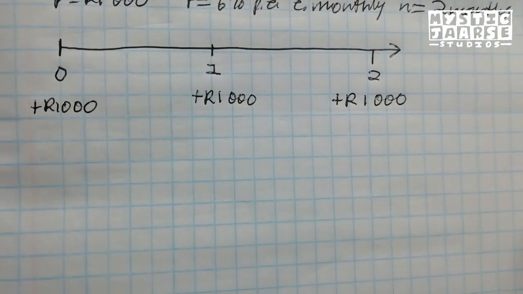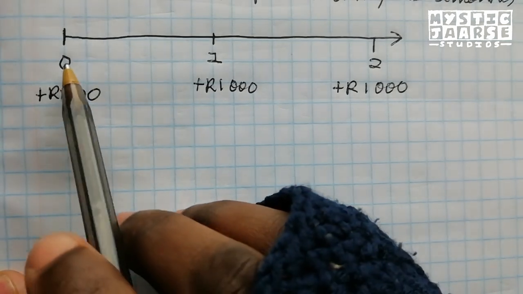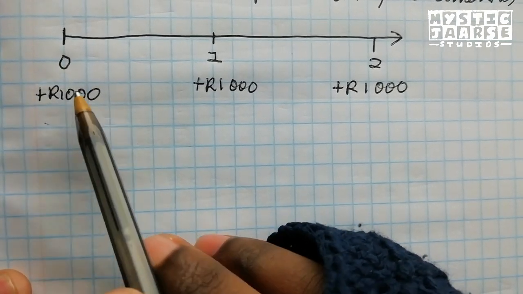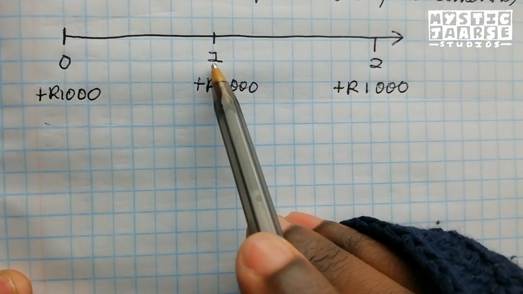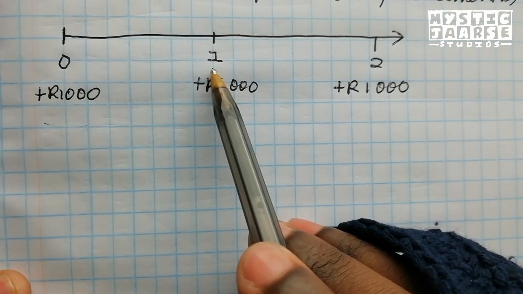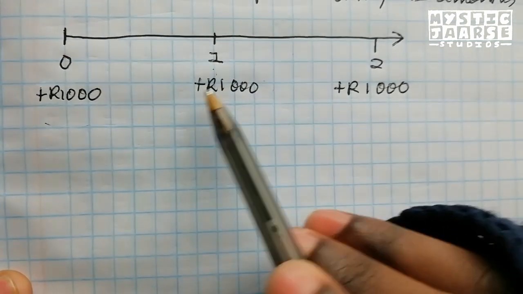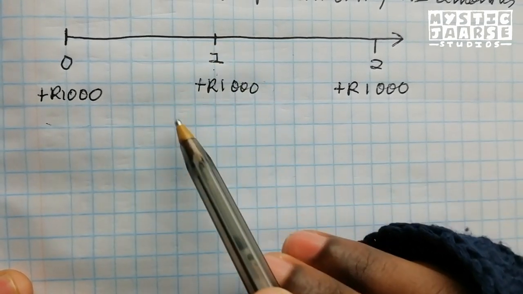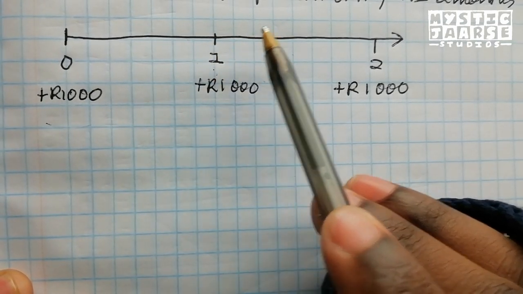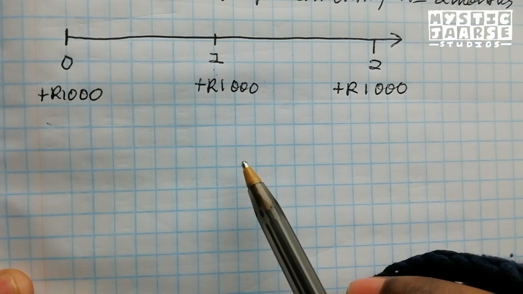So when we calculate this, we're going to have to look at how much the first 1000 rand will grow to the following month, and then we will add the second 1000 rands and see how the total money in the bank account grows to the following month.